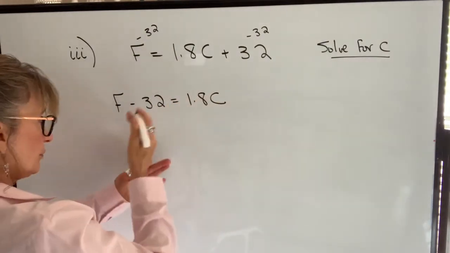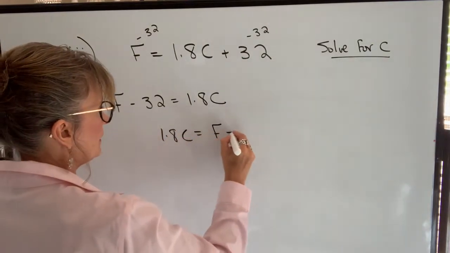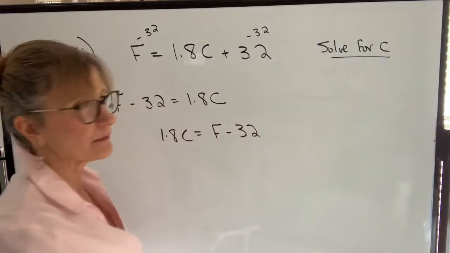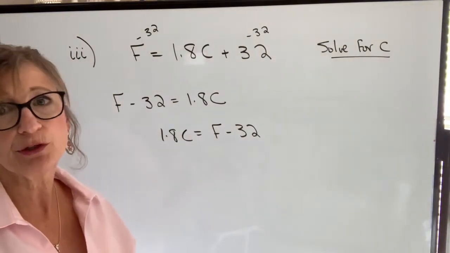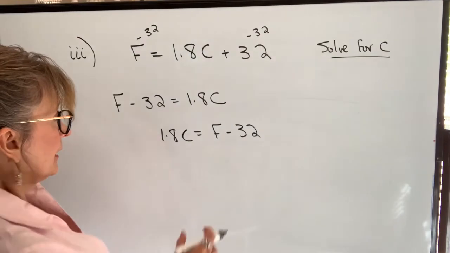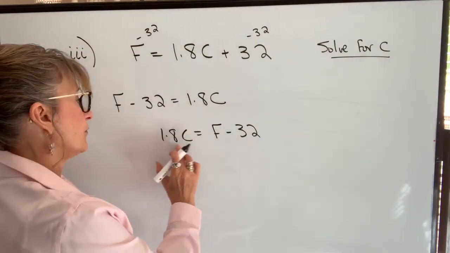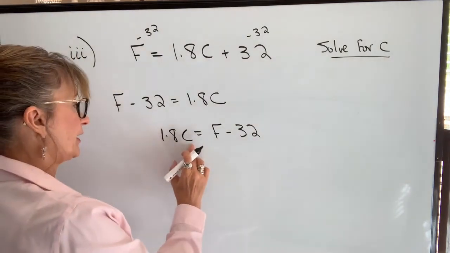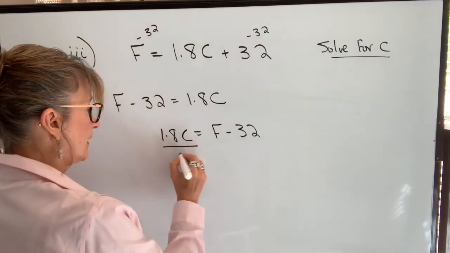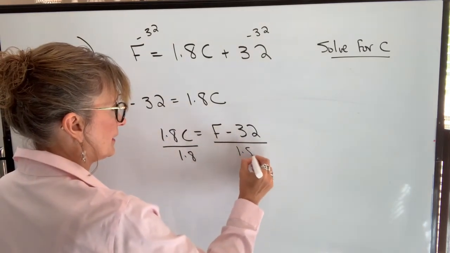If you're more comfortable with flipping it around, sometimes I will and sometimes I won't. You decide what you're comfortable with. I'm just showing you that it's not necessary, but you can. It gets our unknown term on the left-hand side, and I want C by itself. So because it's being multiplied to 1.8, I now need to divide to get rid of it. Whatever I do to one side, I do to the other side.